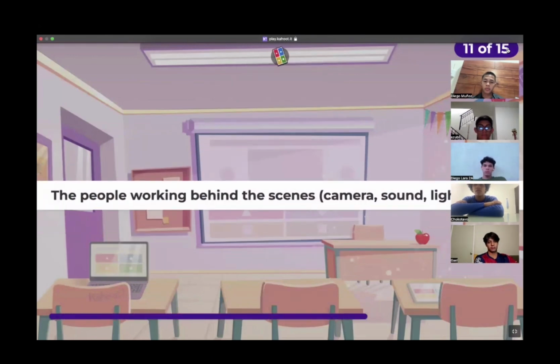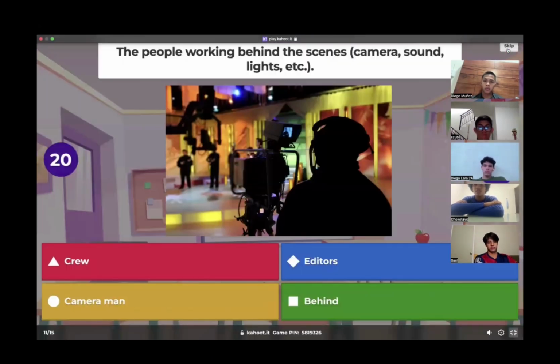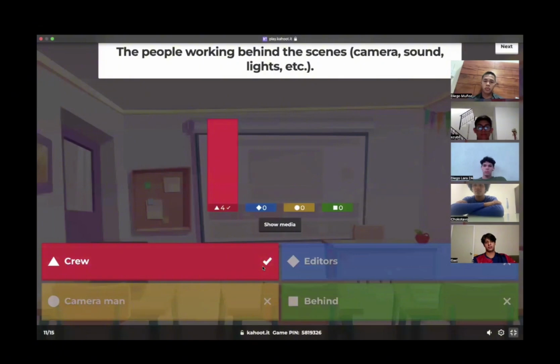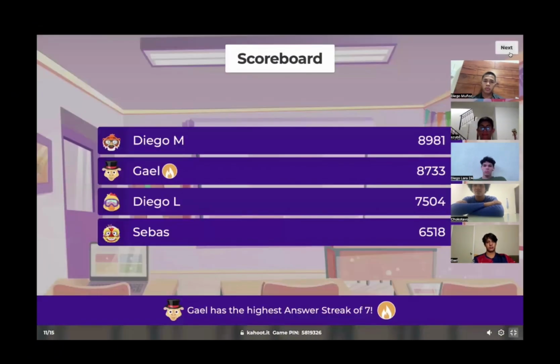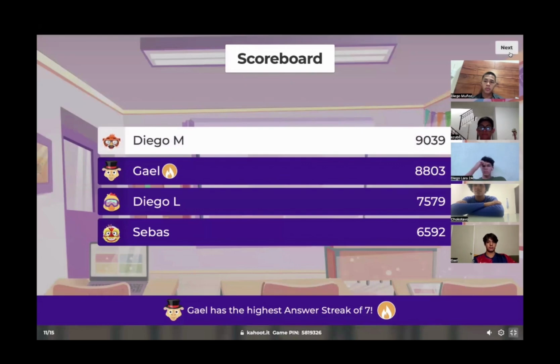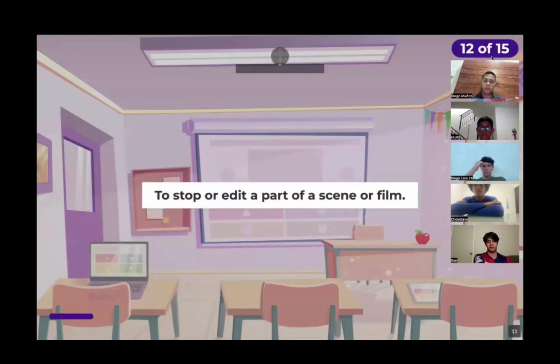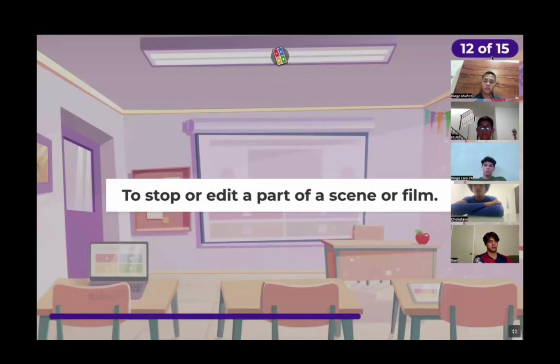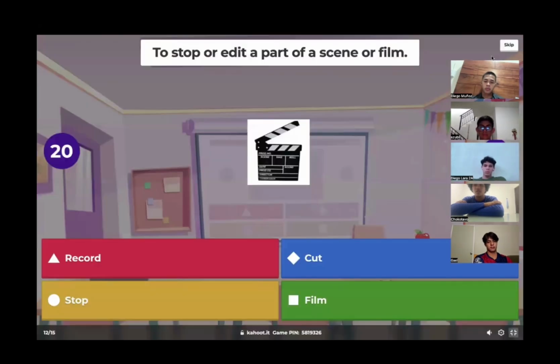The people working behind the scenes, like camera, sound, lights, etc. To stop or edit a part of a scene or film.